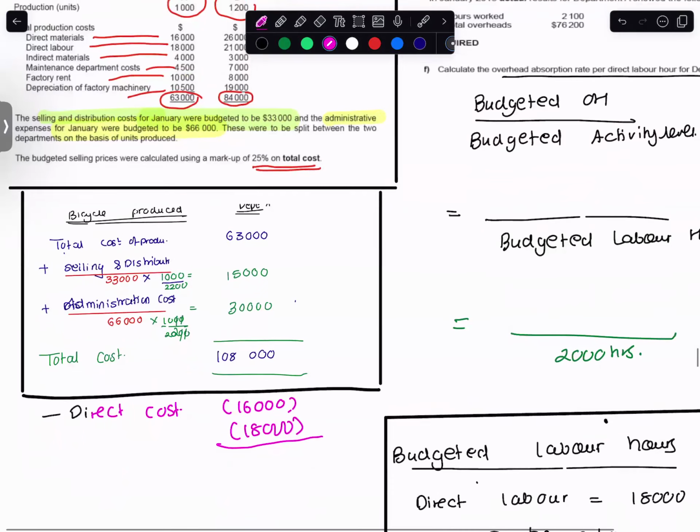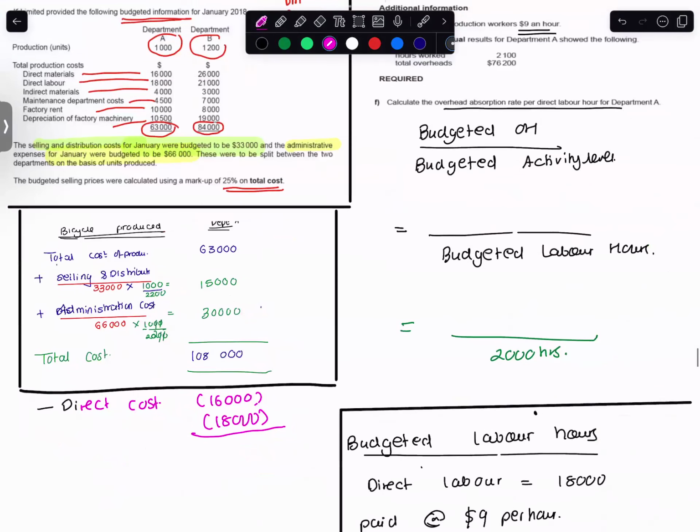Because overhead is only concerned with the indirect cost, I don't need direct cost. So overhead means indirect cost. So from this 108,000, I will deduct 16,000 and 18,000. My budgeted overheads would become 74,000.